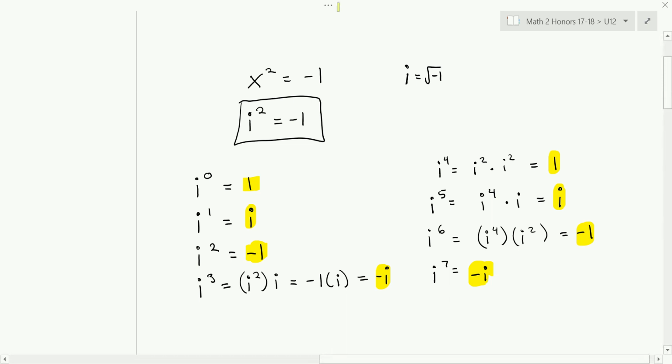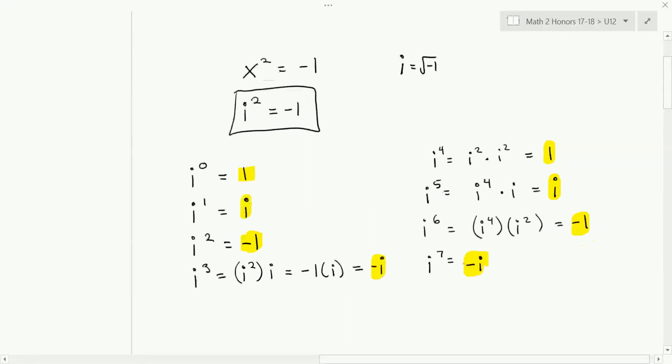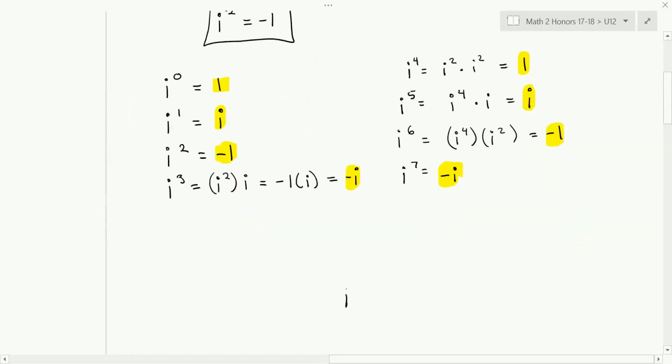And so if you have a pattern that repeats in cycles of 4, how do you think about something like this? i to the 5,231 power. Okay, so good.